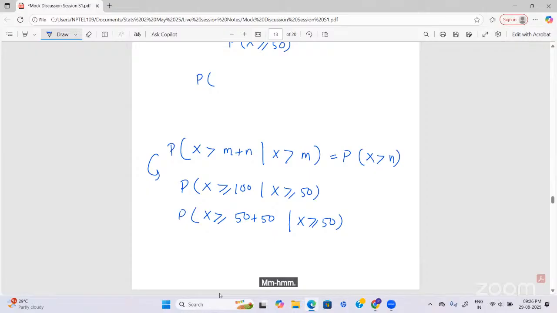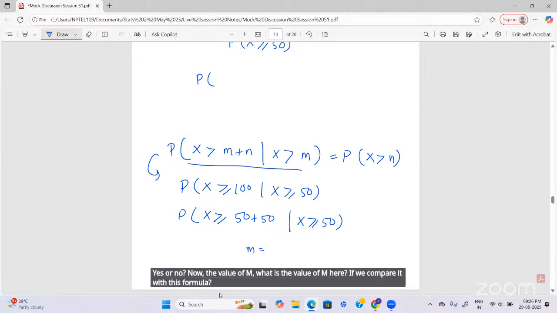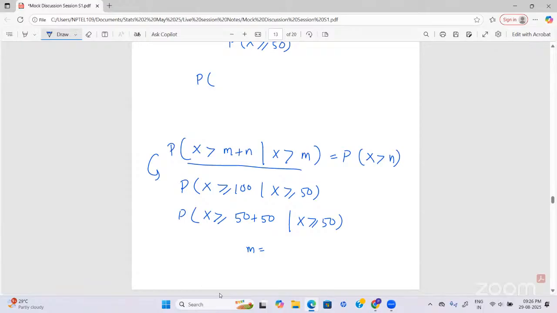Yes. The value of m here is 50, and the value of n is 50.